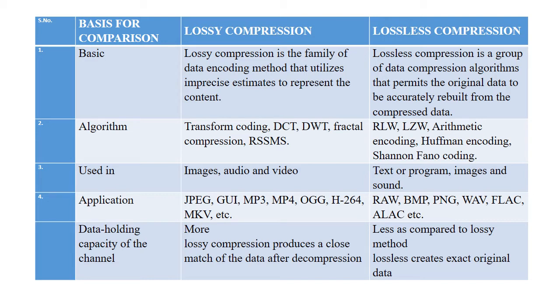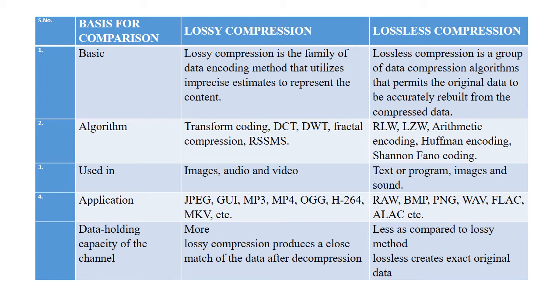In the case of lossy compression, because we minimize more information, the data holding capacity of the channel appears to be more. But in lossless compression, there is less data holding capacity compared to lossy compression methods.